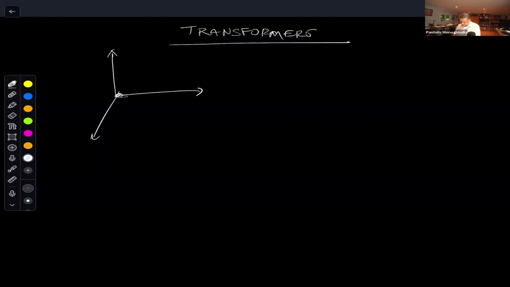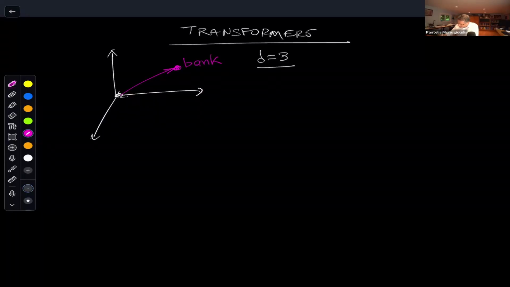Let's call this, for drawing this easily, 3 dimensions. This small letter D that we have talked about is 3 now. And what we saw is that a word, let's say the word bank, is mapped into this 3-dimensional space at a specific point.